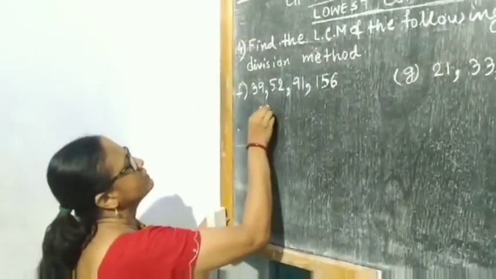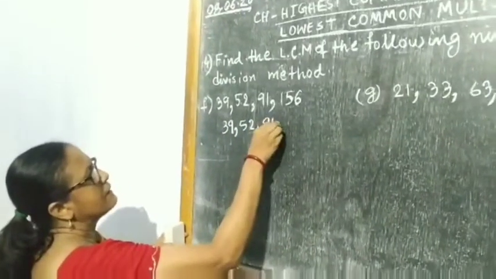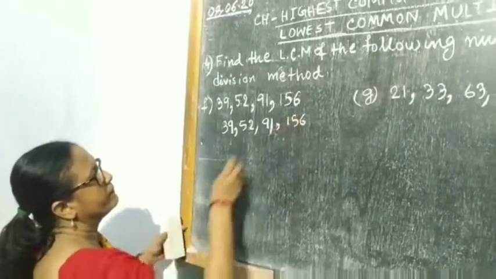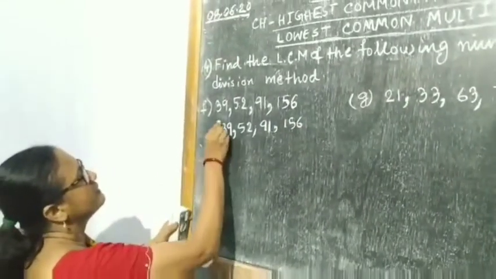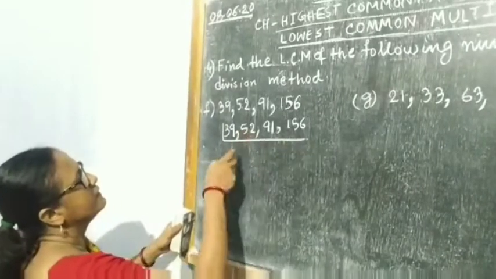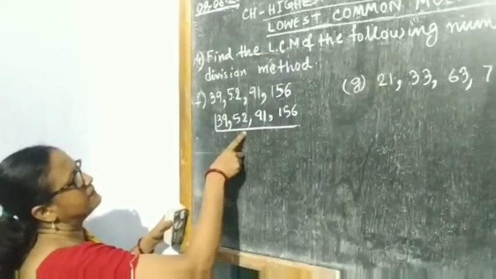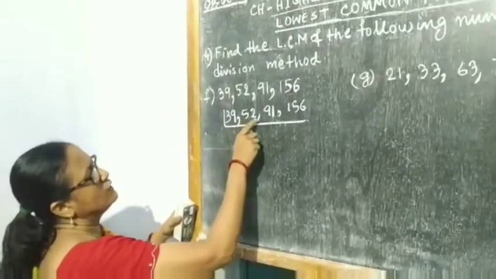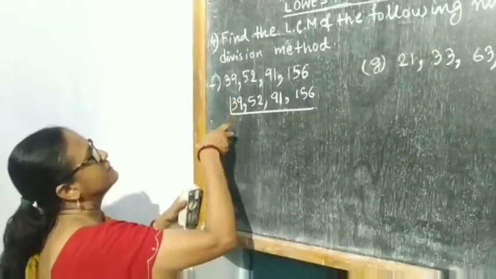First you write down the sum. Now you see children, first you have to divide this sum by the smallest prime number 2, because there are two even numbers, 52 and 156.